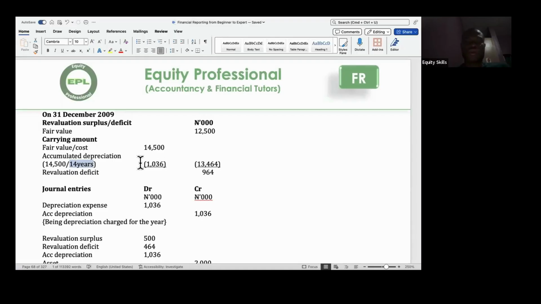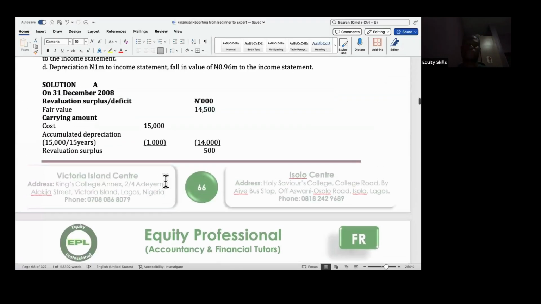If you punch your calculator, that will give us 1,036,000. When you take that away from 14.5, our carrying amount becomes 13,464,000. When you compare this with fair value, the fair value is lower. That means we are having a deficit. We'll be having a revaluation deficit of 964,000. And that's all for this question.